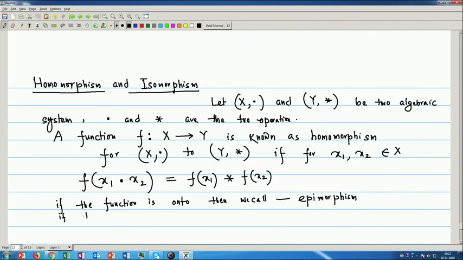If the function is one to one, then it is a monomorphism.